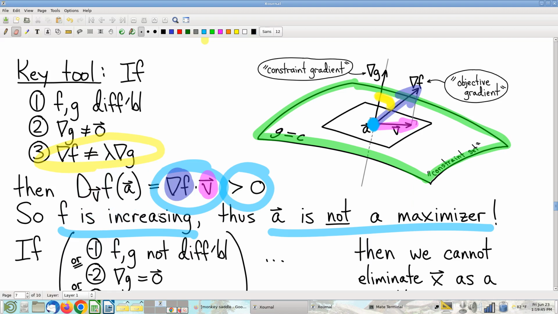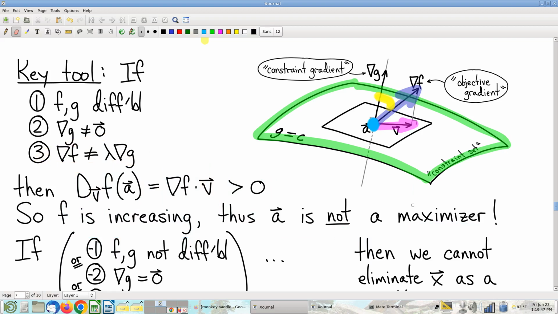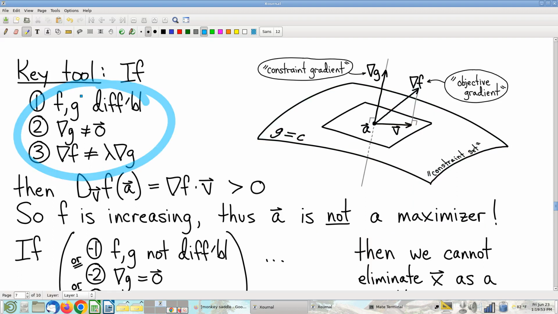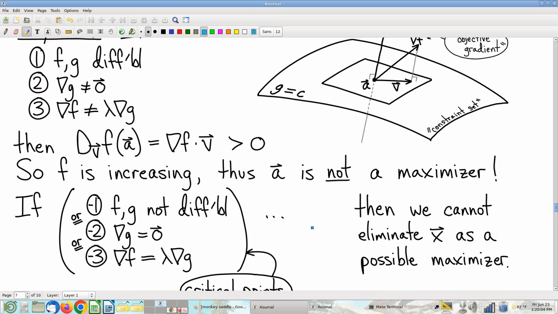Let's finish off the argument, though. Little details. This argument allows us to eliminate most of the points on the constraint set, and what remains is simply the points that I can't eliminate.